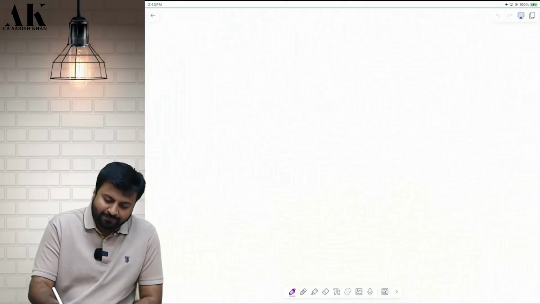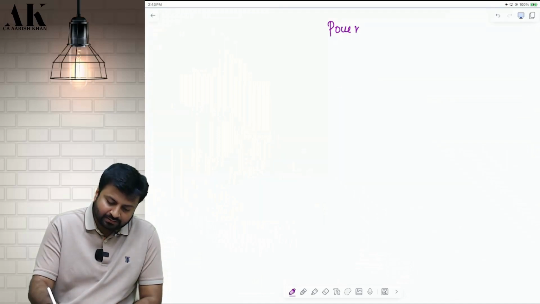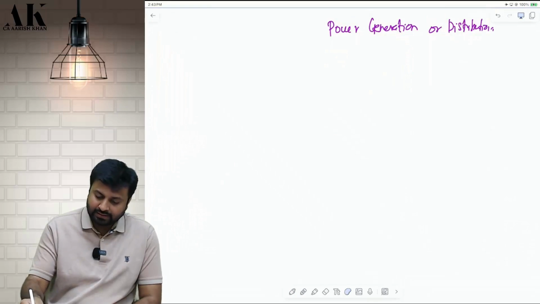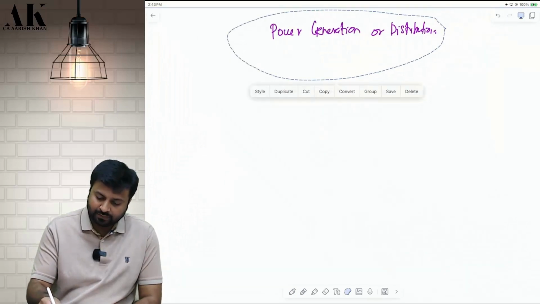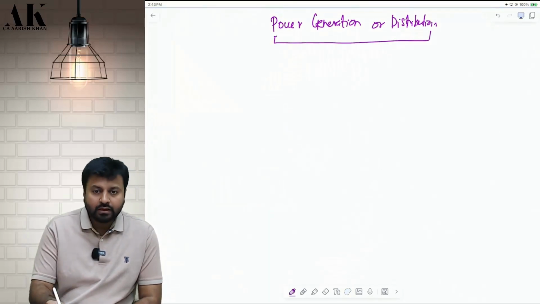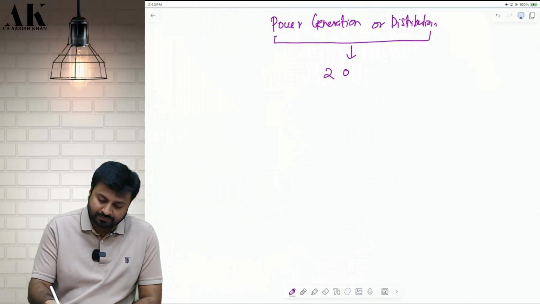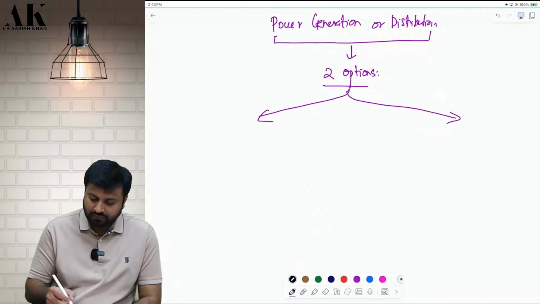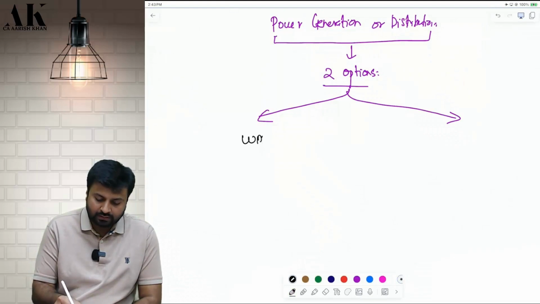If you are a power generating assessee, engaged in generation or distribution of power, then the government is giving you two options. Option 1, follow WDV as per block.